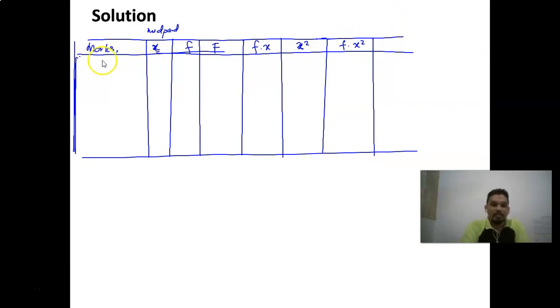So the marks x are in between 0 up to 20, 20 to 40, 40 up to 60, the class size, 60 to 80, and 80 to 100.